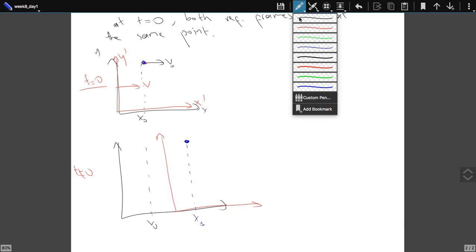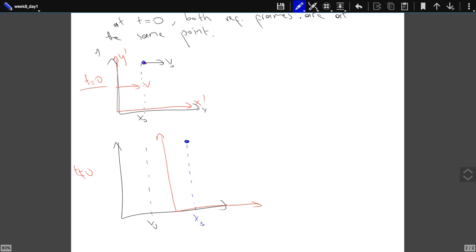So according to the black reference frame, delta x is just x1 minus x0. So delta x over delta t is x1 minus x0 over delta t, which is v0.